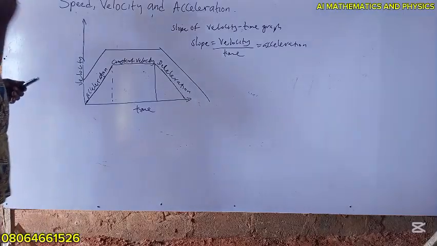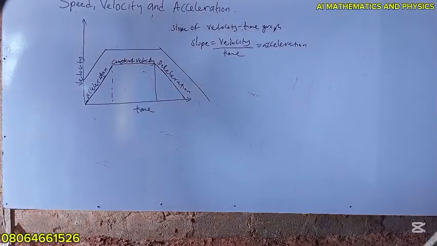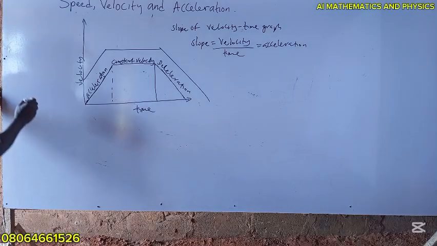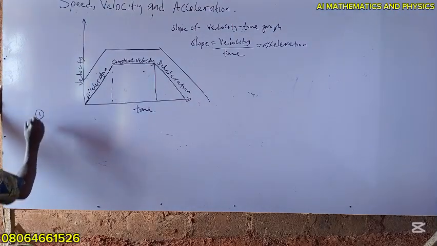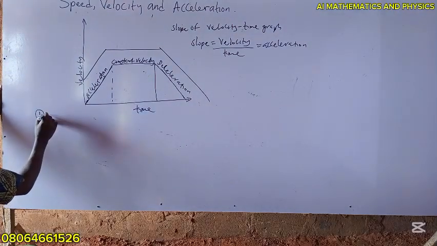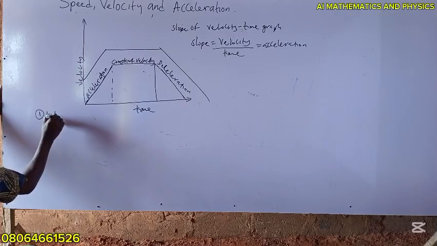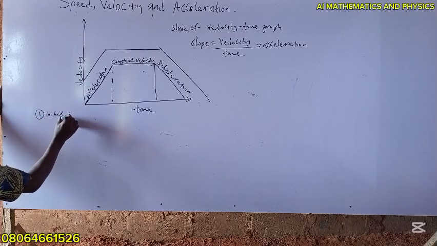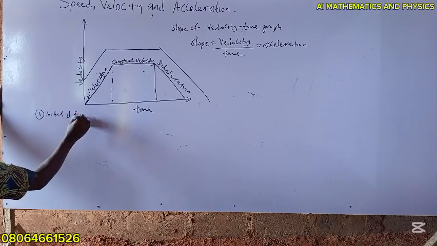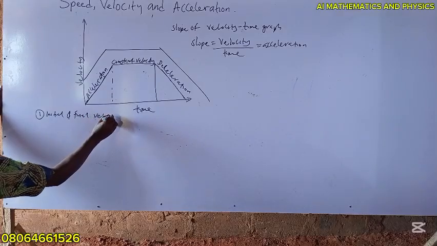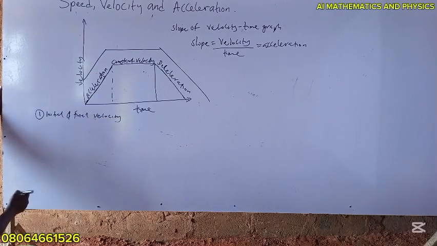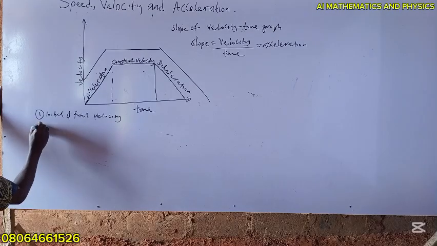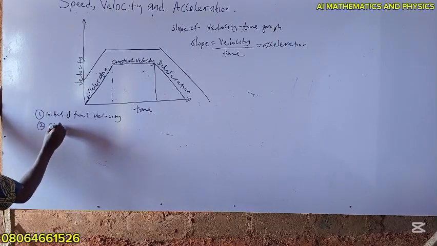Now, with this graph, you can find, note what we can find here, both initial and final velocity. Then we can find acceleration.